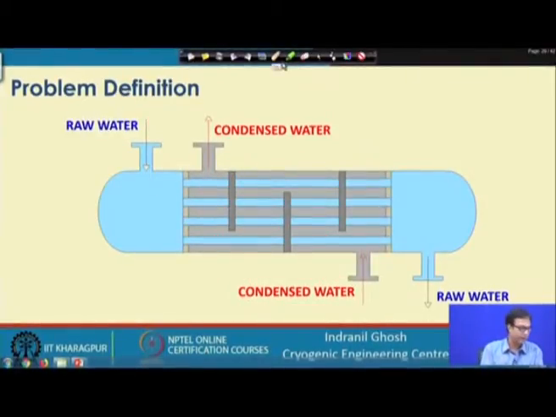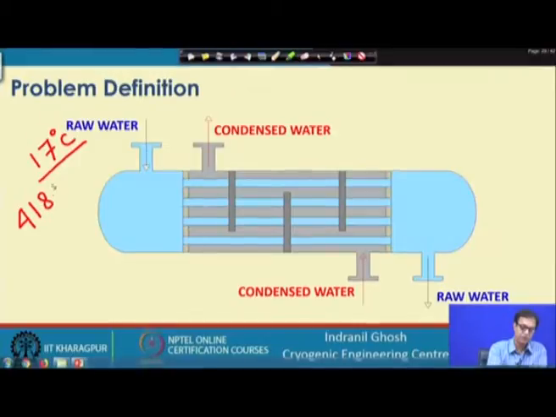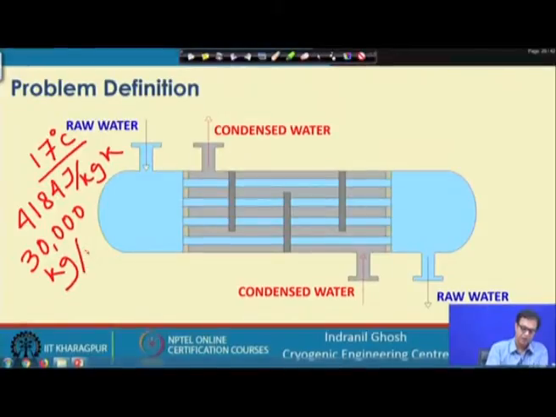Here, what are the conditions or the problem definition that is given? The raw water is entering at 17 degrees centigrade, and its Cp is also given, it is 4184 joule per kg Kelvin, and its flow rate is also known, this is 30,000 kg per hour.